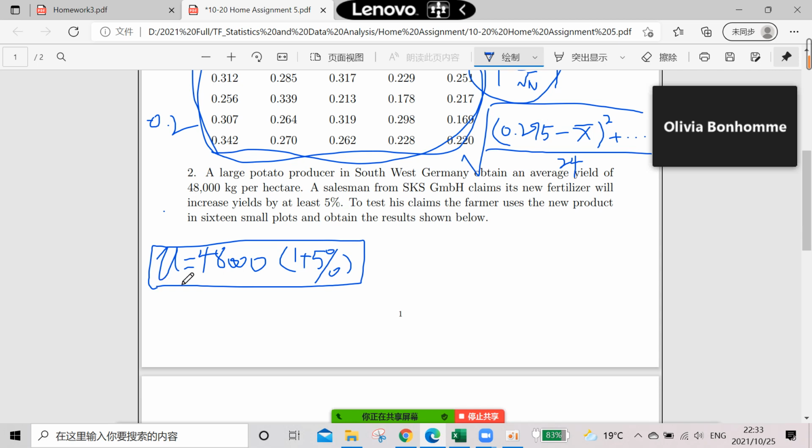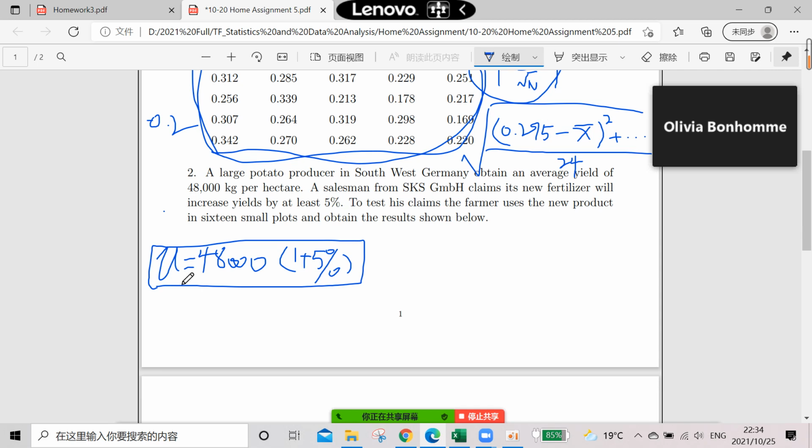We failed to reject that the population mean is 50,400, but many times we don't accept it, because we failed to reject only because we are not as confident as 95%. Maybe I'm 80% sure I need to reject it, but I failed to reject because I'm not very confident. That doesn't mean I'm accepting it.